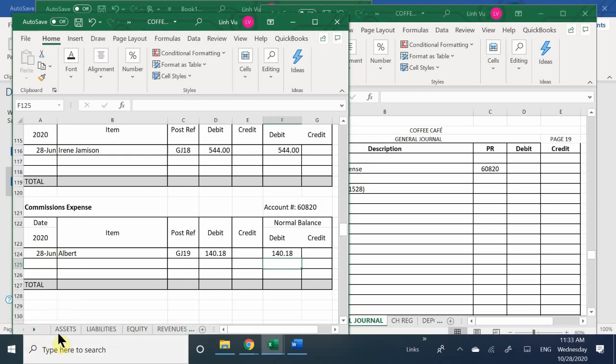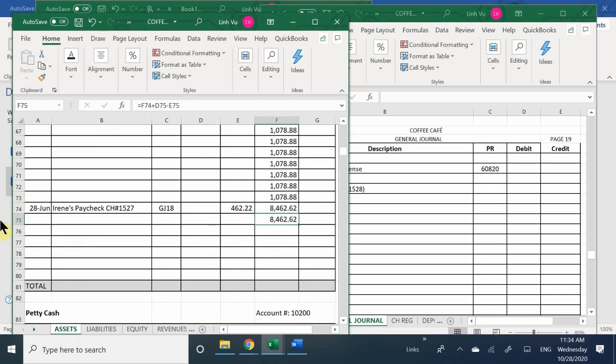Lastly, we're going to update our checking. So again, this is for Albert. And then you can also write Albert's commission. Check number 1528.